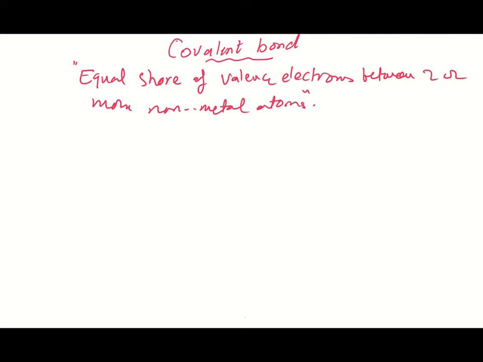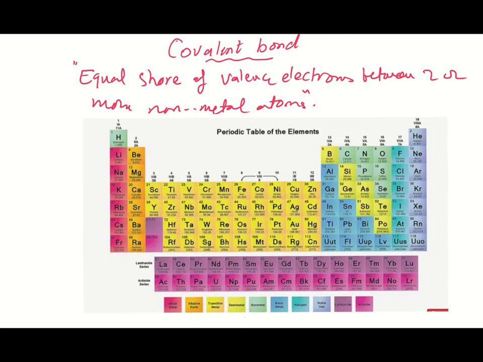Let's go into more details about the covalent bond formation. Looking at the periodic table, you will distinguish the metals from non-metals. As we have said before, metals occupy mostly groups 1 and 2 and the transition metals that occupy the middle of the table. Group 3 includes either metals or metalloids, so they also are never to be considered as non-metals.